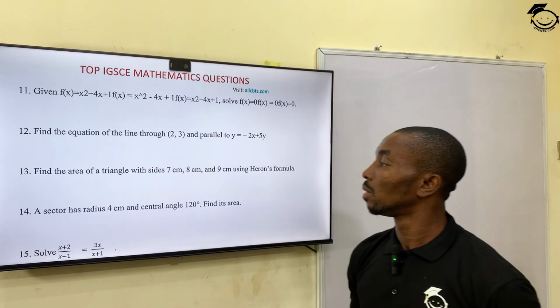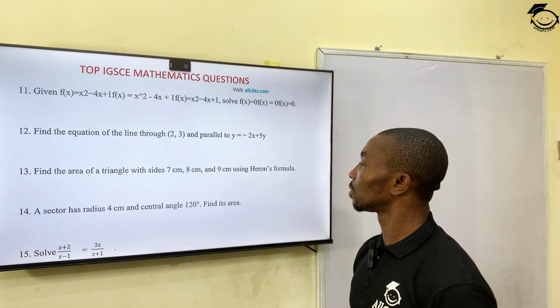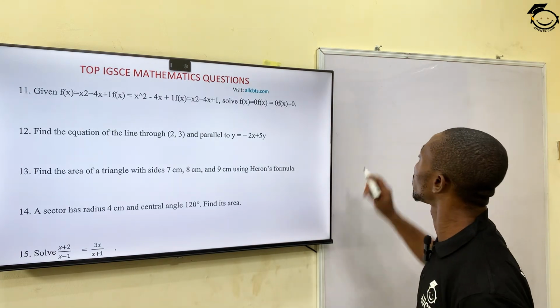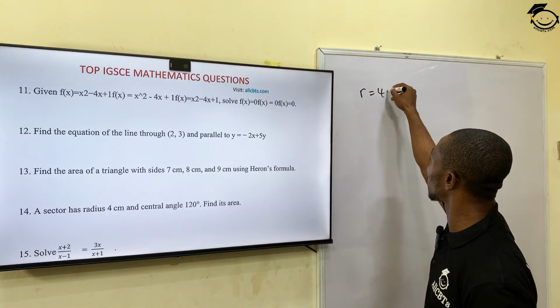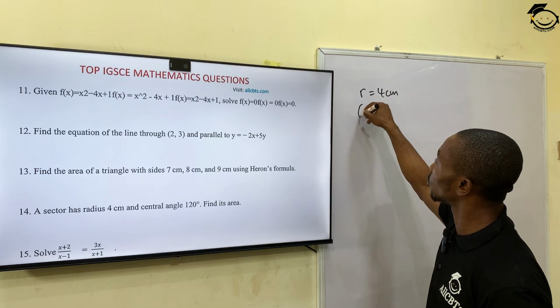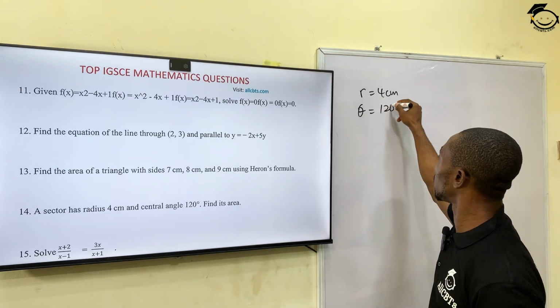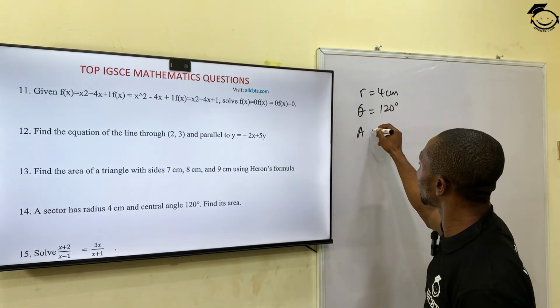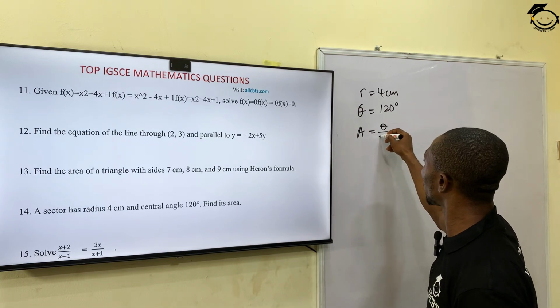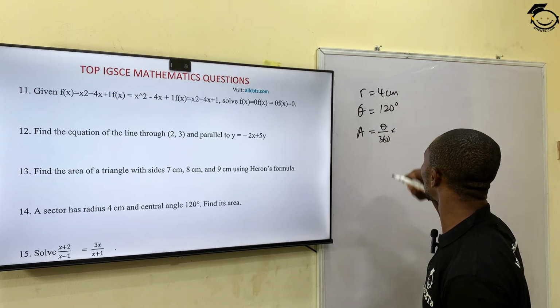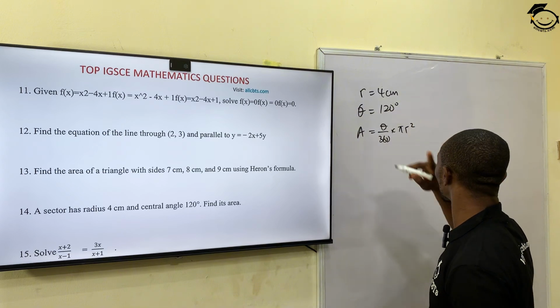Find the area of a sector whose radius is 4 cm, and the central angle theta is 120 degrees. Now we know that area of a sector equals theta over 360 times pi r squared.